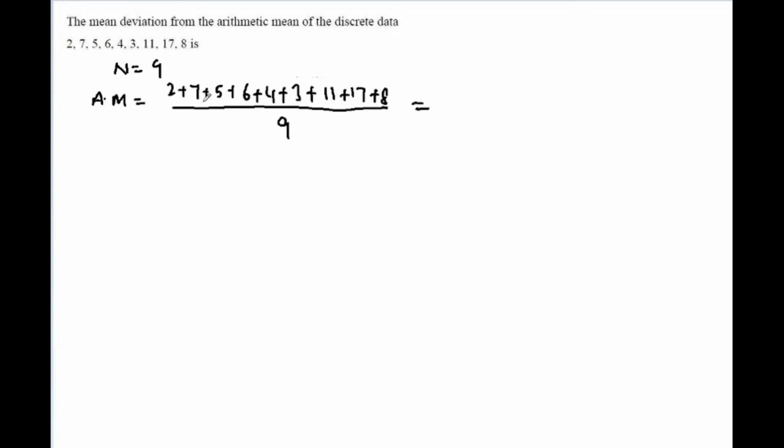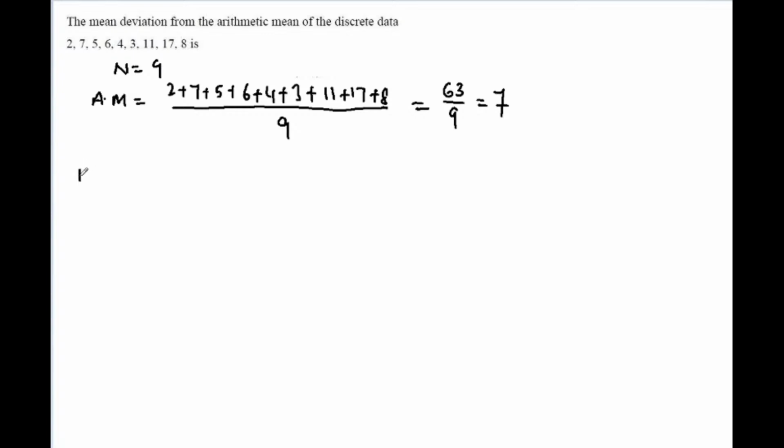That is 2 plus 7, 9, 9 plus 5, 14, plus 6, 20, 20 plus 4, 24, plus 3, 27, 27 plus 11, 38, 38 plus 17, 55, 55 plus 8, 63. That is 63 by 9, that is equal to 7. This is the arithmetic mean.